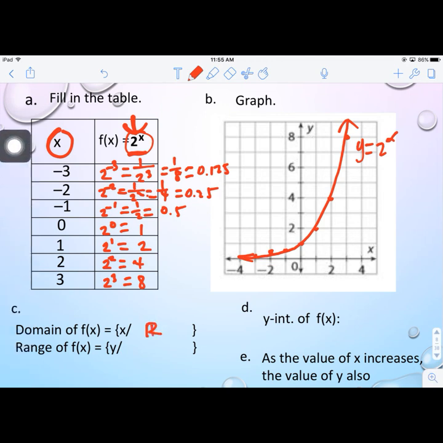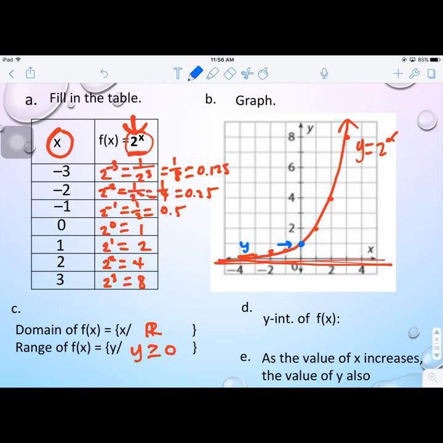And the range, as we take a look at the function, is above the x-axis. So we say that the range is going to be y greater than 0 because the graph is sitting above the x-axis. The y-intercept is when x equals 0, and we notice that that is the y-intercept right there.